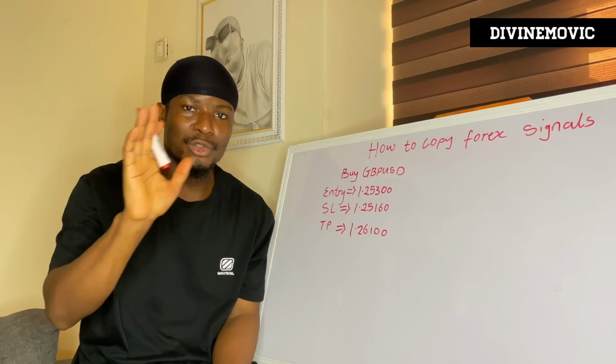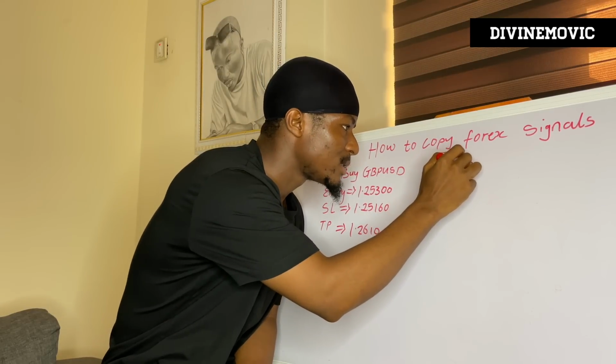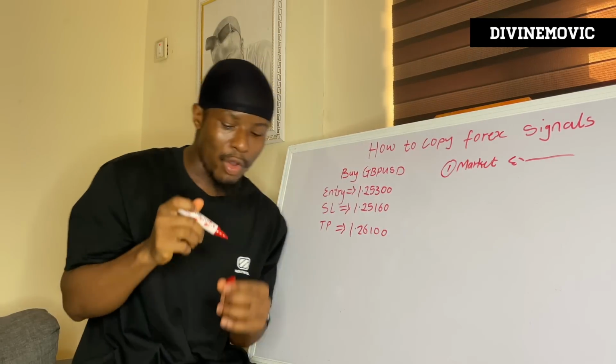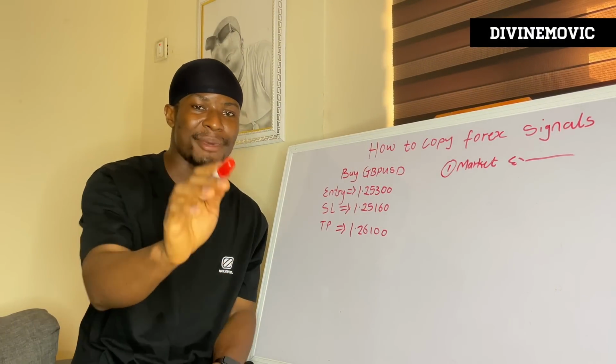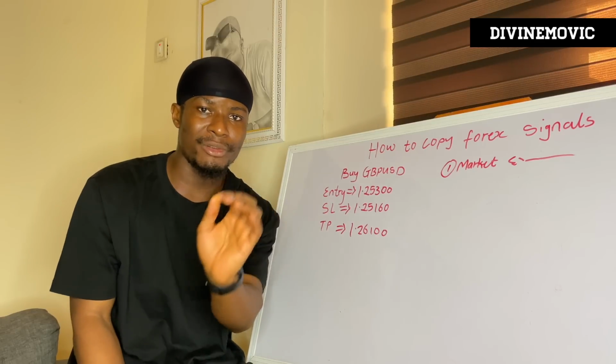Now, the first parameter you need to understand is simply market execution. Market execution is simply an order that you give to the forex market to buy or sell at the current position of the market.